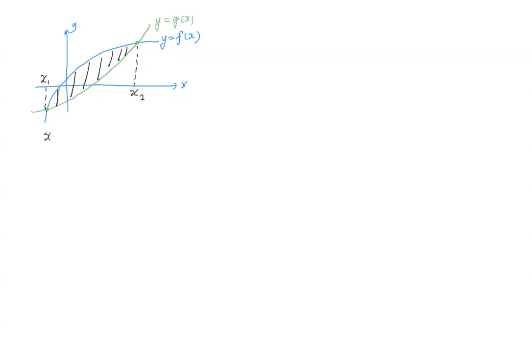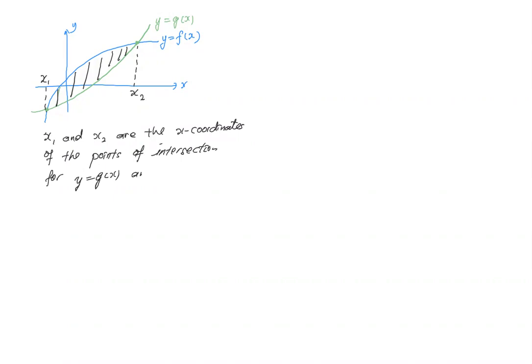Okay, x1 and x2 are the x coordinates of the points of intersection for y equal to g(x) and y equal to f(x).